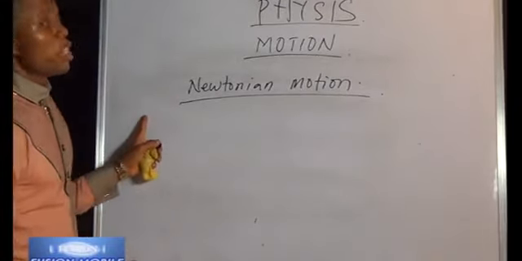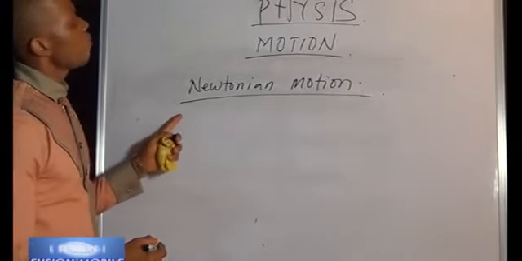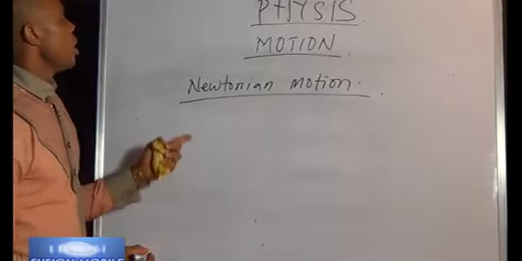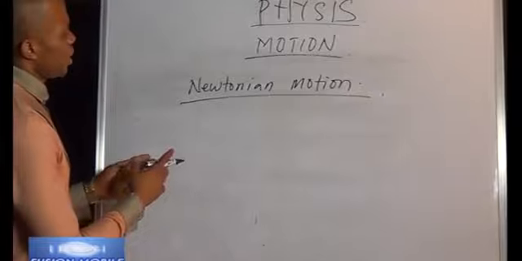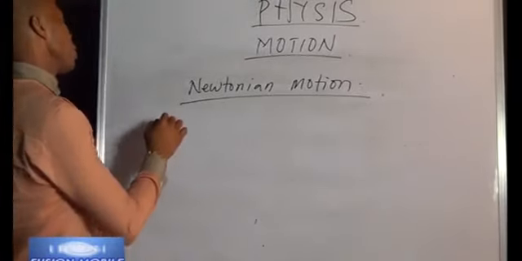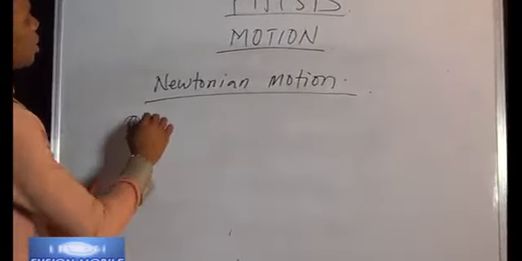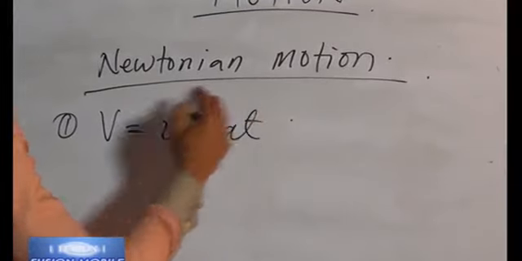Talking about Newtonian motion. This is the part of physics converted into mathematics by a man called Newton. He used experiments in physics to get 4 basic equations that handle every problem in motion. The first one, which we call the first equation of Newton, states that v is equal to u plus or minus at.